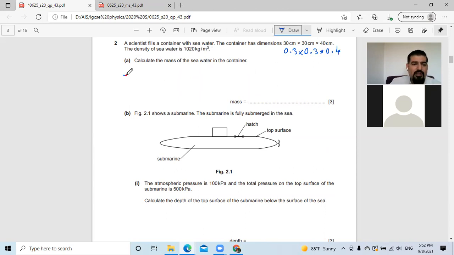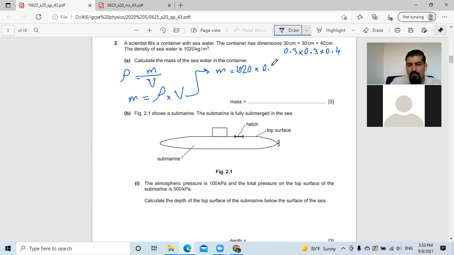Calculate the mass. We know that density equals mass over volume. So we need to find the mass. We do cross multiplication: mass equals density multiplied by volume. The density is 1,020.